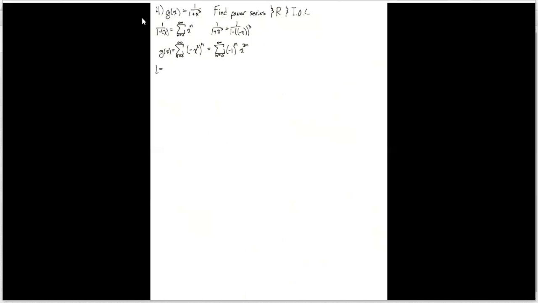So our limit here, let's go ahead and do the ratio test: negative 1 to the n plus 1, x to the 3n plus 3, all over negative 1 to the n, and x to the 3n.